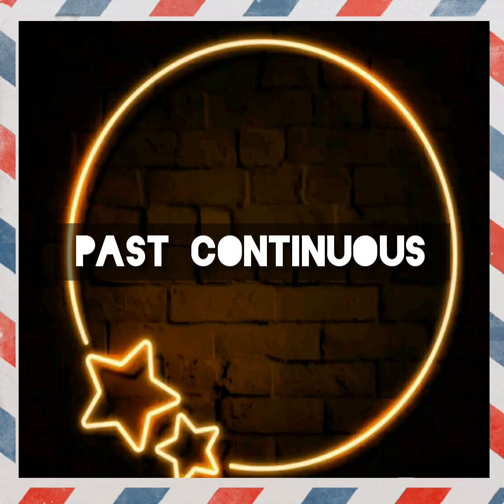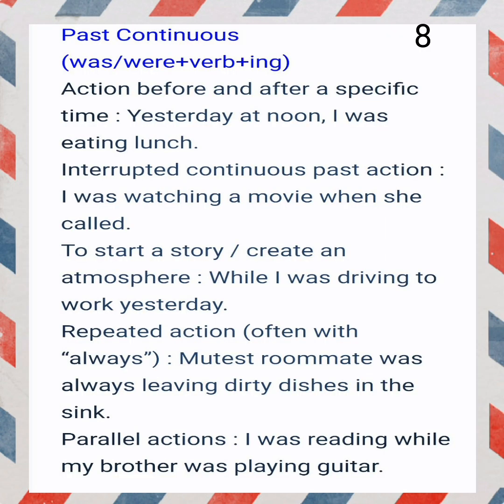Now let's see about past continuous tense. The format of past continuous is was or were plus verb plus ing. Here was and were are the be verbs of past tense. Then it is continuous, so we are adding ing to the main verb. Past continuous is used for an action before and after a specific time.